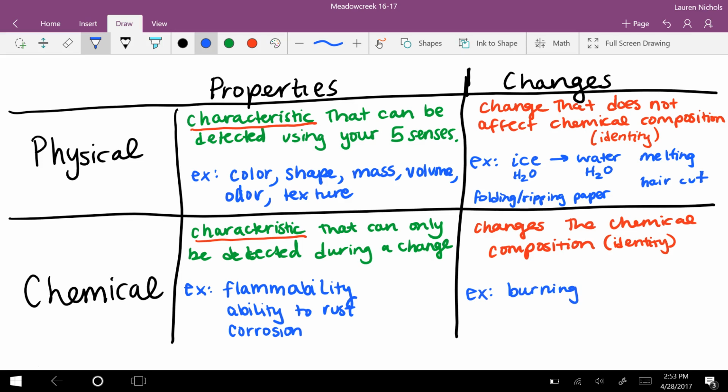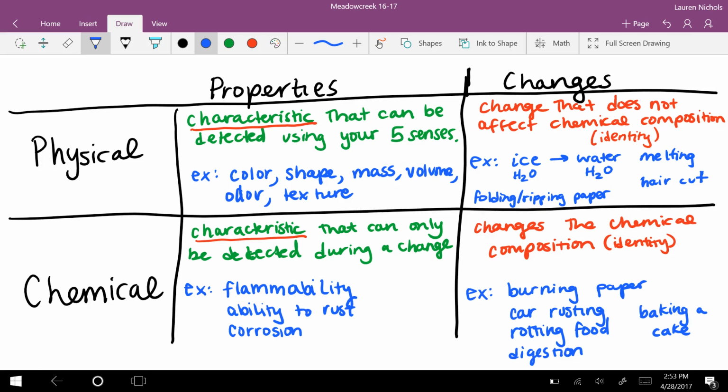At the beginning, we start off with paper, and at the end, we have ash and smoke and things like that. A car rusting, rotting food, right? If it starts off a banana, it's not going to end up a banana at the end. Digestion is a chemical change, and so is baking a cake.